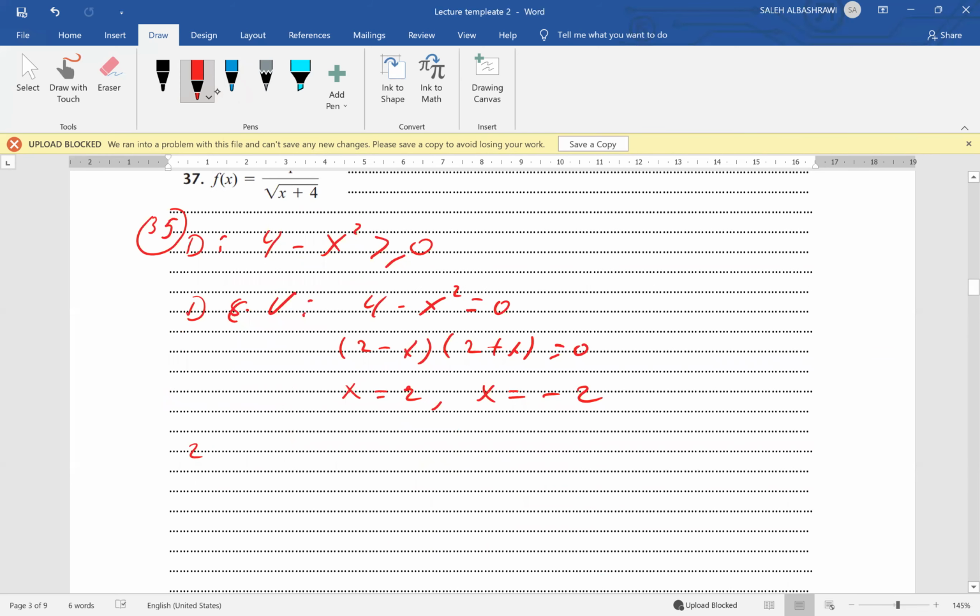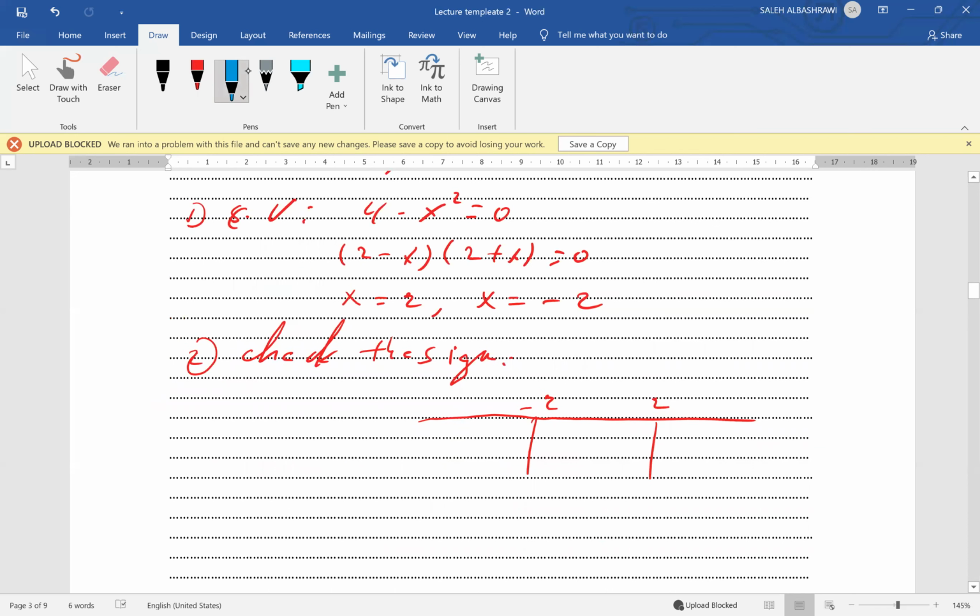Second step, as we did before, check the sign. I have minus 2 and I have 2. We choose values less than minus 2, it is minus 3. Between minus 2 and 2, I will choose 0. Greater than 2, I can take 3. And I have 4 minus x squared.